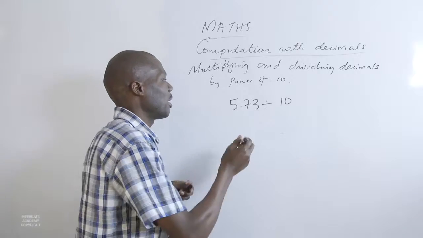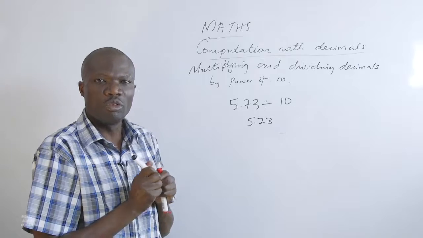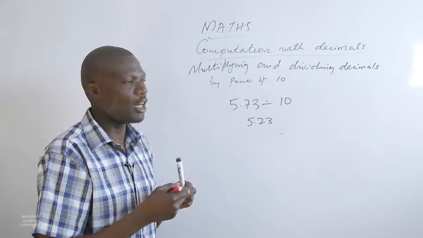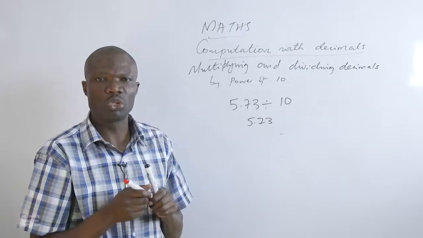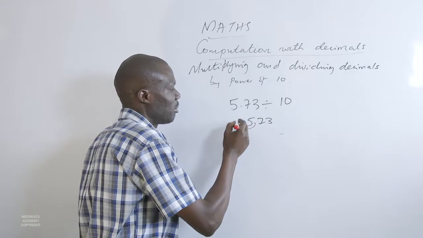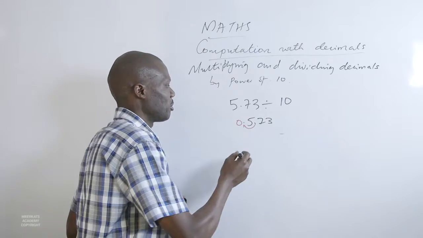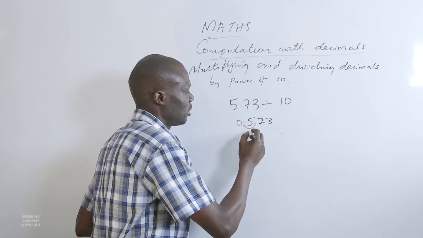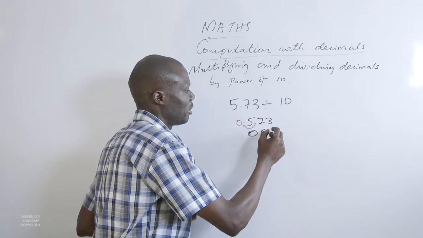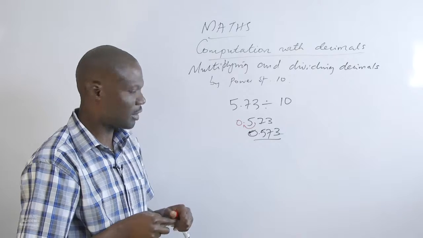So we shall come and have 5.73, and then we move the decimal point to the left by the number of zeros, which is 1. So it will be moved to this part. We put a decimal there and bring in a 0, so that our solution here becomes 0.573.